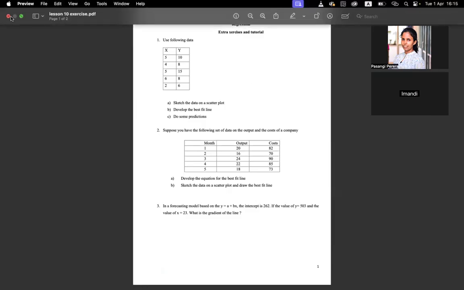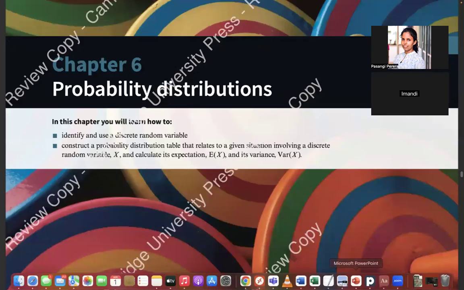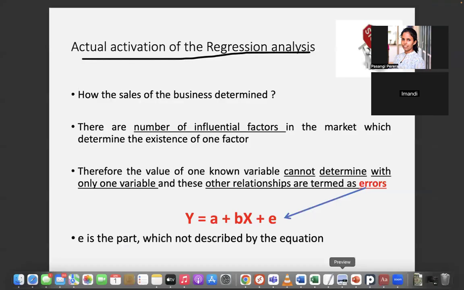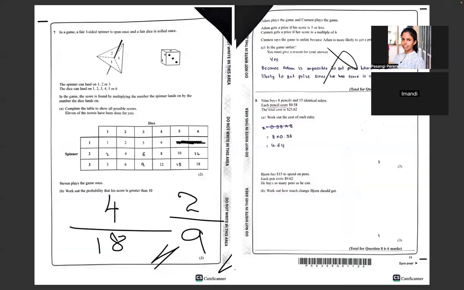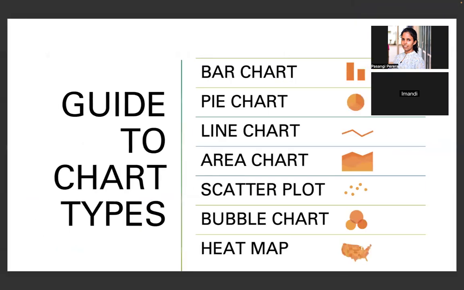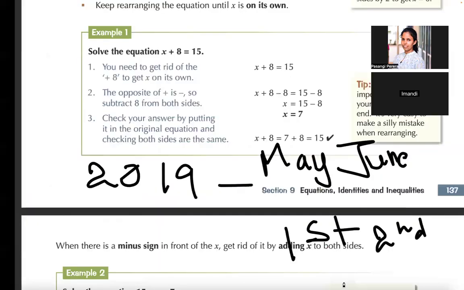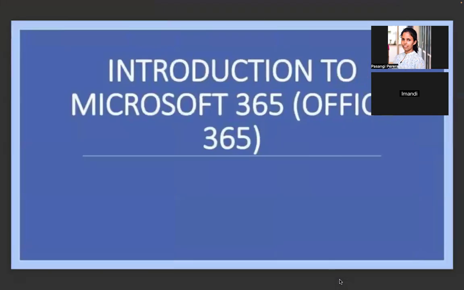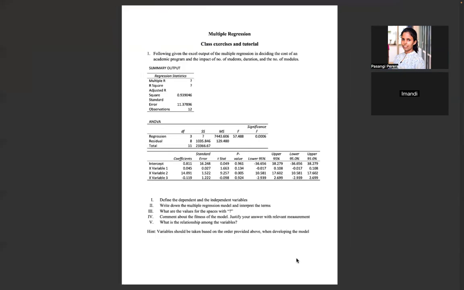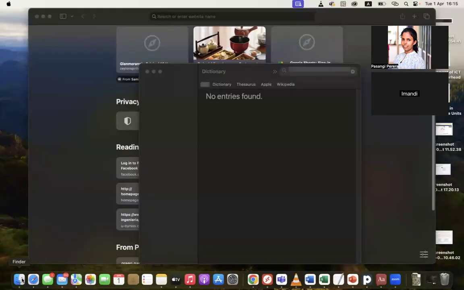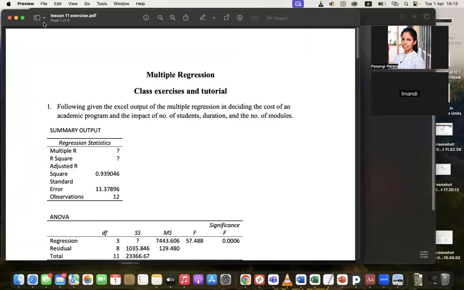No, miss, this one is for lesson 10, right? Exercise 11. Okay, so this is the one.